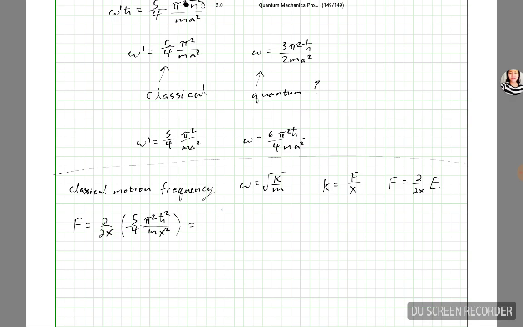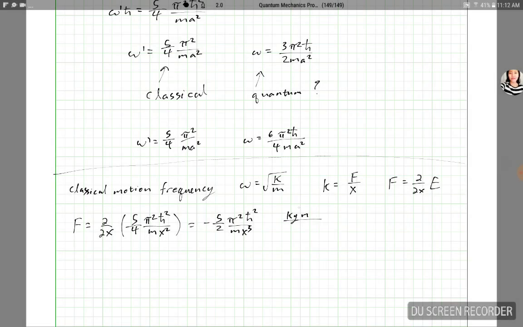So then I get minus 2, so that'll just be 5 over 2 pi squared h bar squared over m x cubed. Never hurts to check the units. So I have kilograms meters squared, kilograms, I have h bar squared.